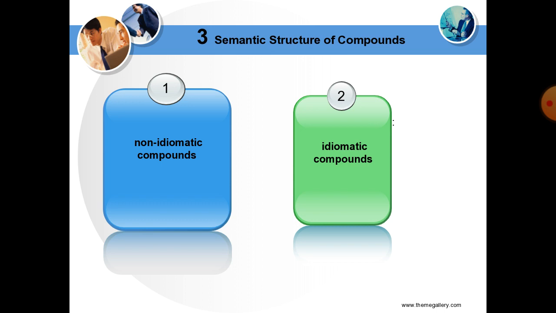For example, classroom, bedroom, raincoat, night dress, dancing hall, changing room. And the compounds whose meanings do not correspond to the separate meanings of their constituent or main parts are called idiomatic compounds.